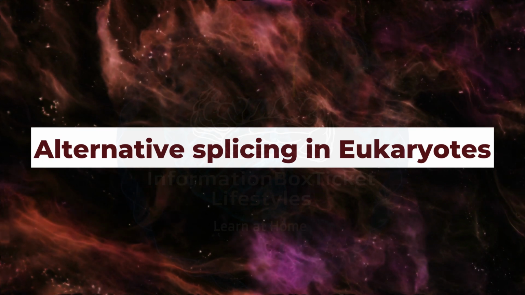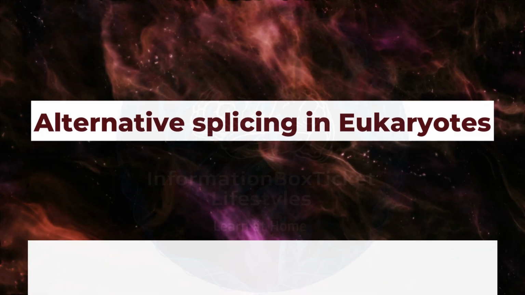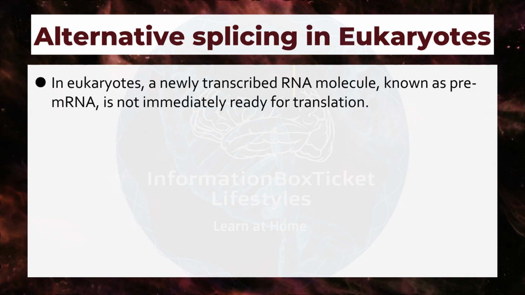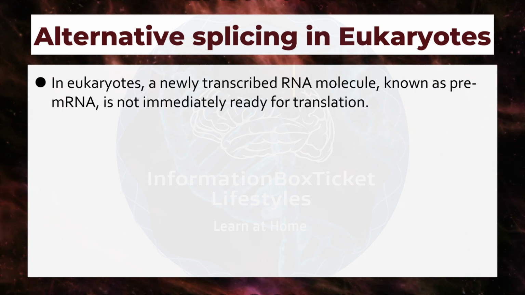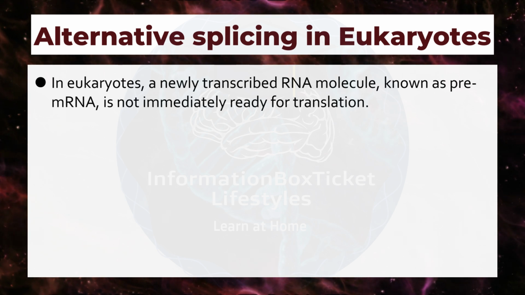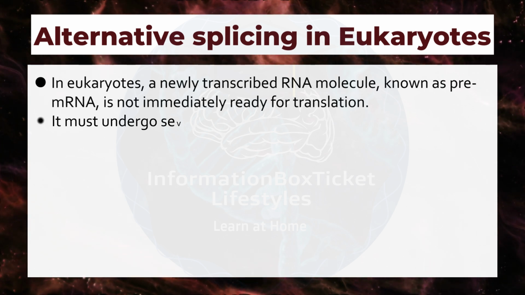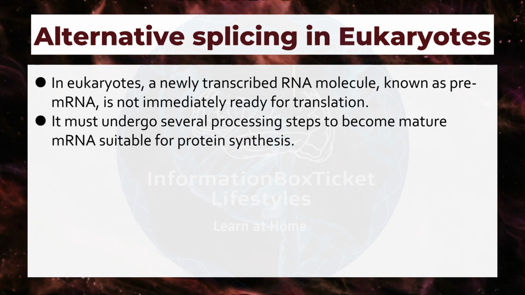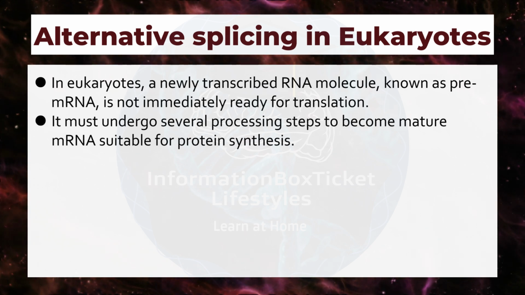Alternative splicing in eukaryotes. In eukaryotes, a newly transcribed RNA molecule, known as pre-mRNA, is not immediately ready for translation. It must undergo several processing steps to become mature mRNA suitable for protein synthesis.